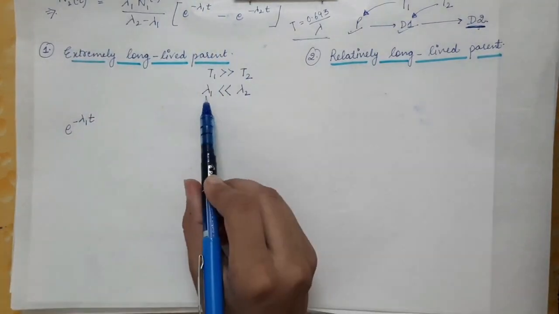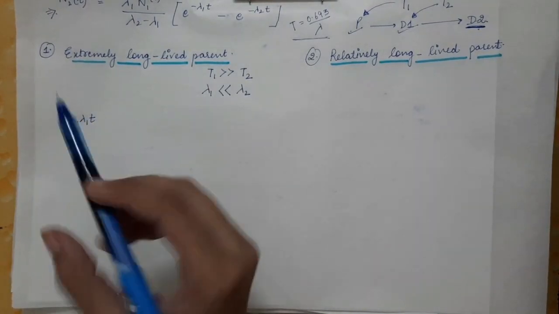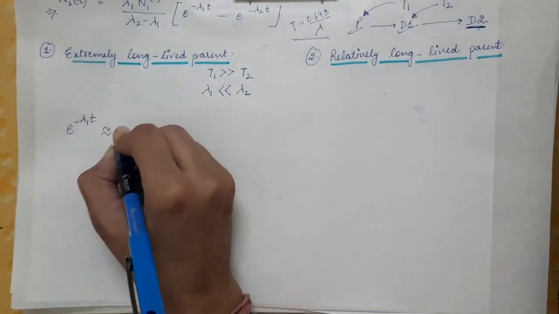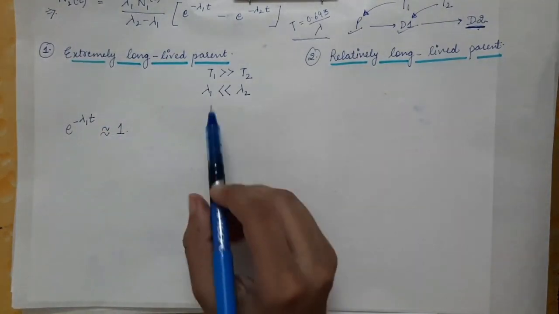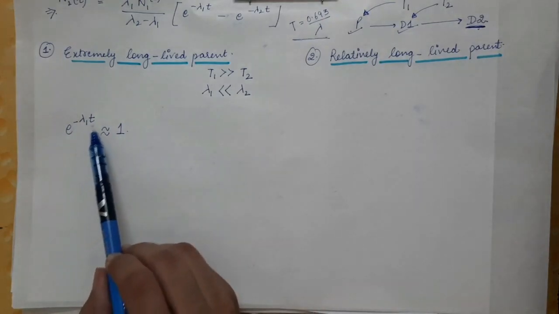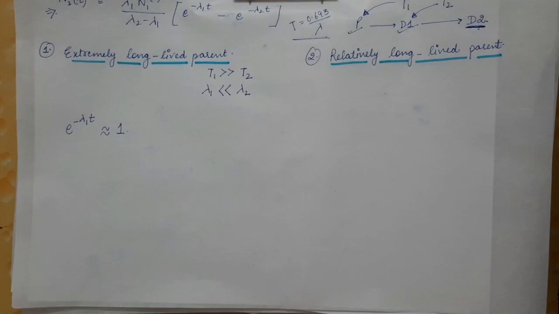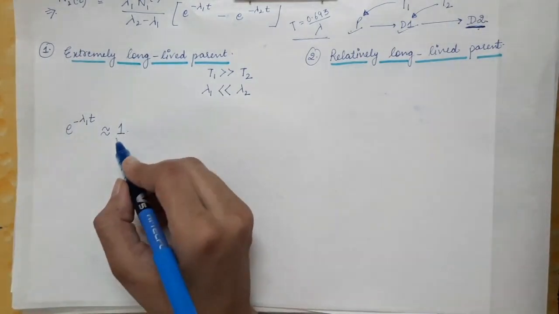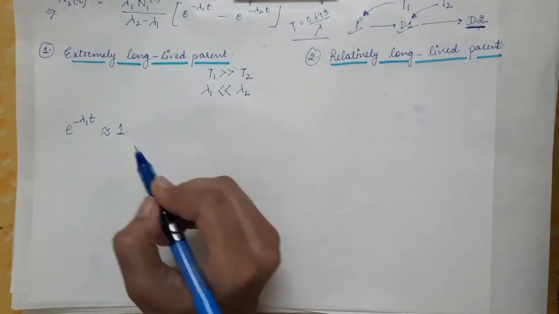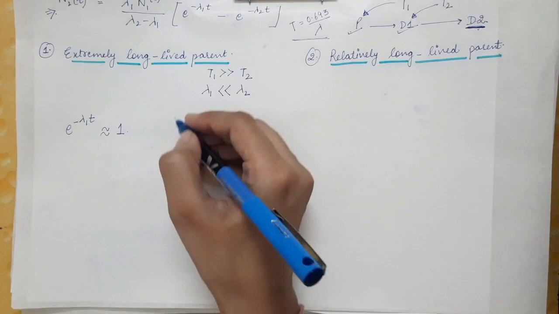In that case, when lambda 1 is very less than lambda 2, this term can be put approximately equal to 1, because lambda 1 is very small. So this will be approximately equal to 1, and here also we have another term which is lambda 2 minus lambda 1.